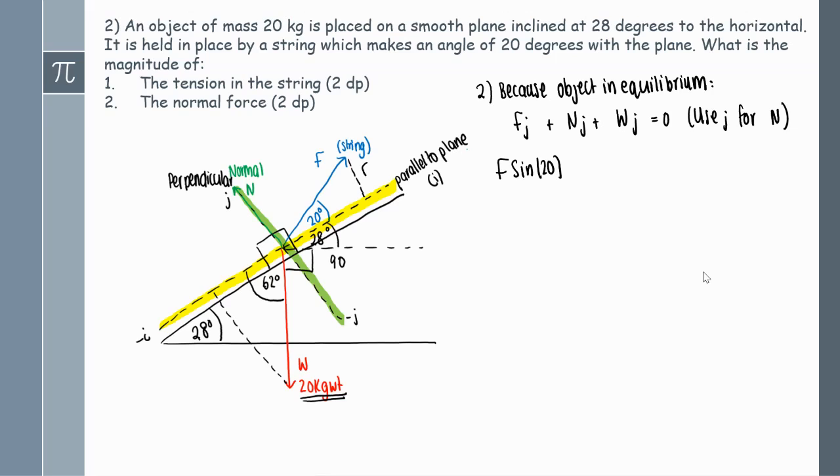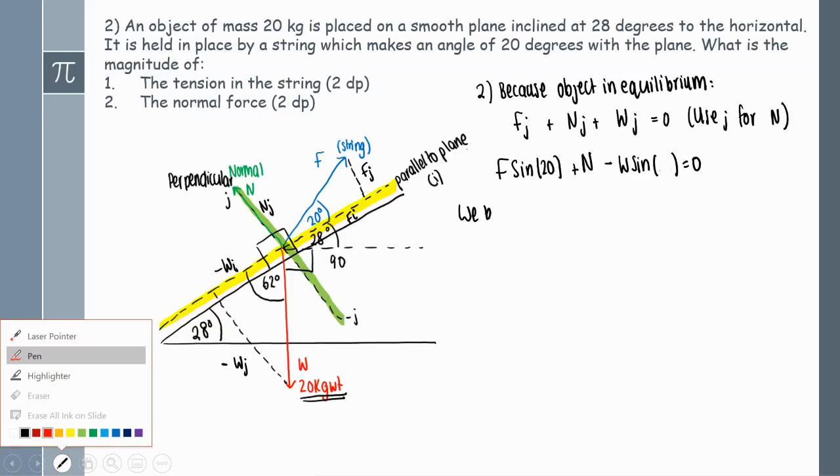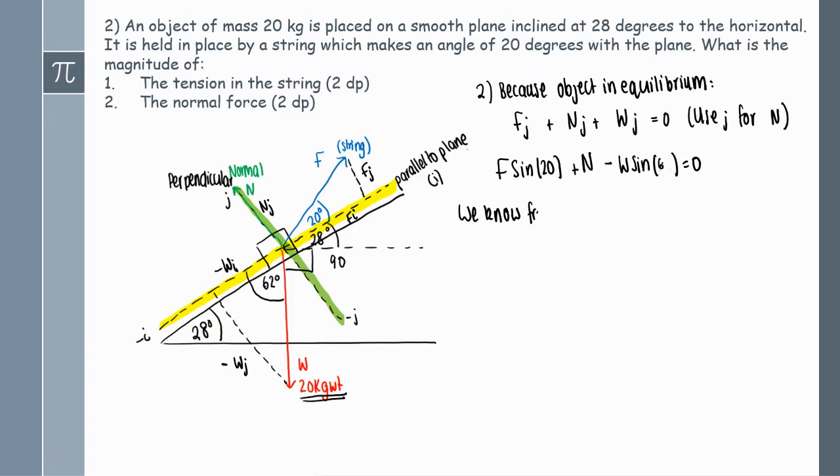We know Fj is just F sine of 20. We know that Nj, well, notice, like we said, that normal force is only in the j direction. So Nj is just the whole of N. Wj, well, that will be negative because we're going downwards. And we know that it equals minus sine 62 degrees. So all of this equals 0.